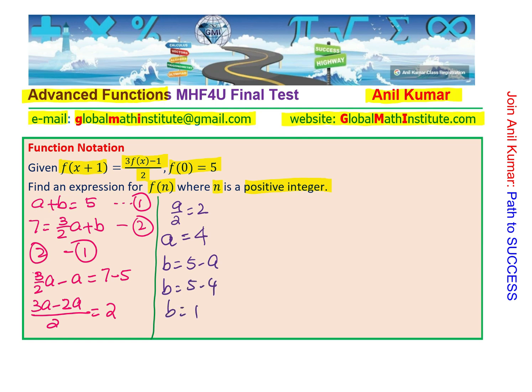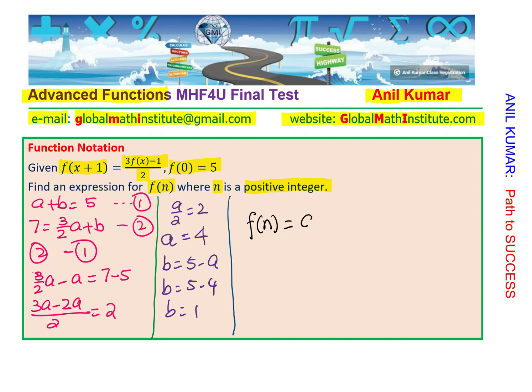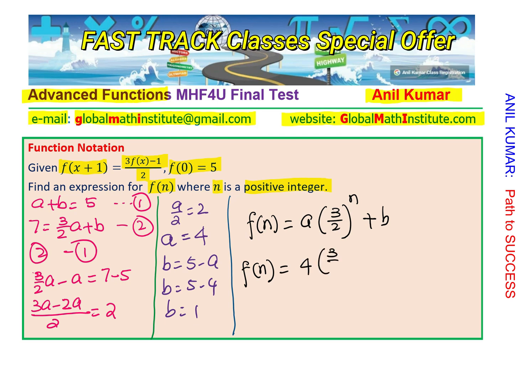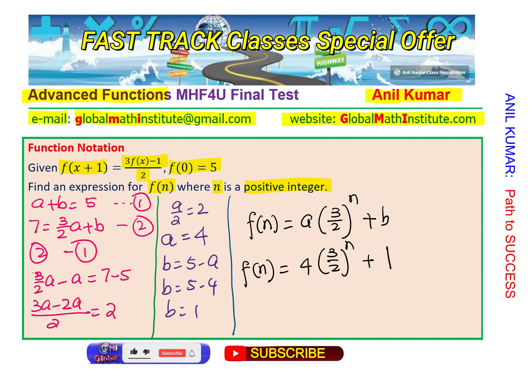Clear? So we get both our values, and now we have the function f(n). We had it as a times 3 by 2 to the power of n plus b. Now we can rewrite this as 4 times (3 by 2)^n plus 1. Makes sense? So that becomes the solution of our question, correct?